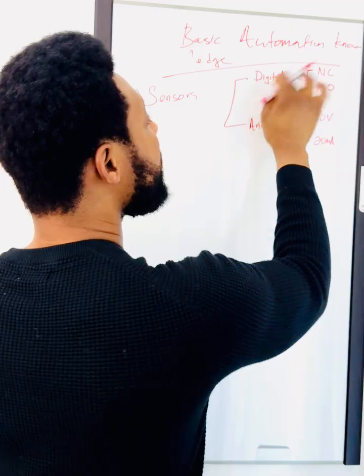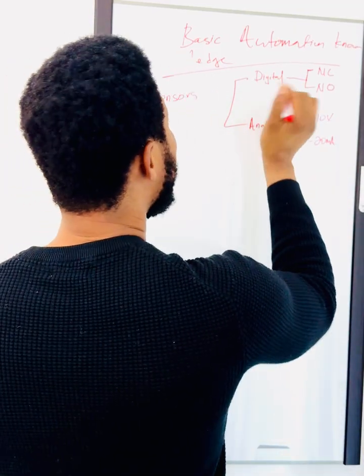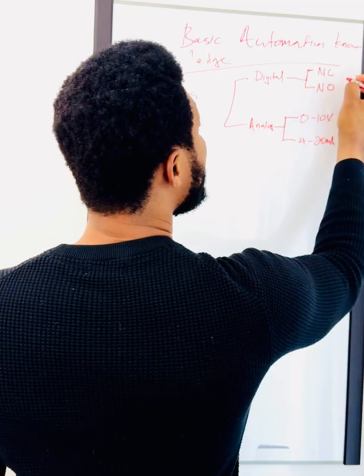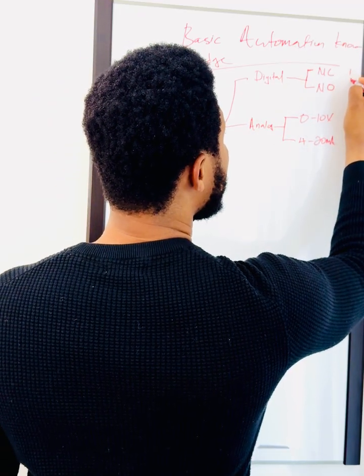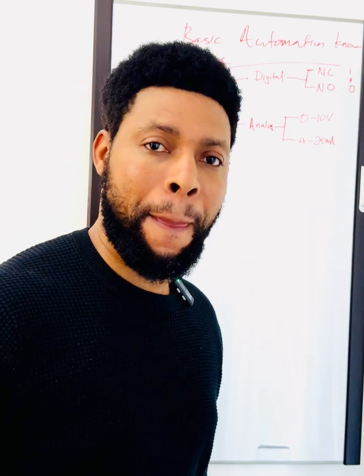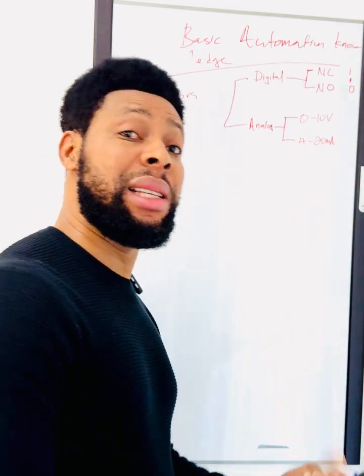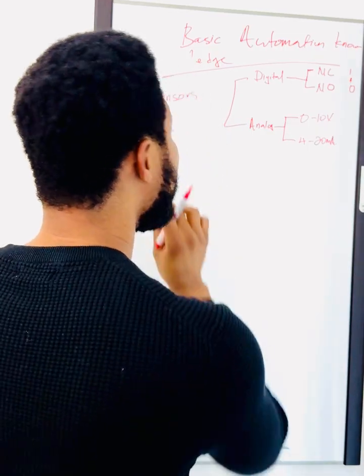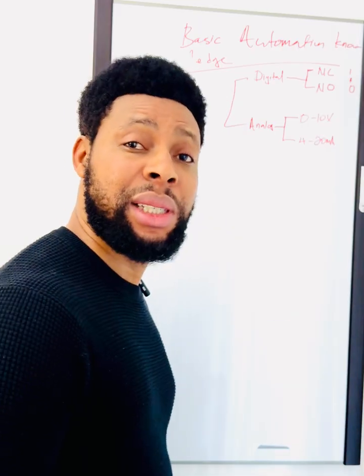So this one, the digital sensors, their output is just 1 and 0. So whenever you see a proximity sensor, all it's giving you is 1 or 0. I'm seeing or I'm not seeing.